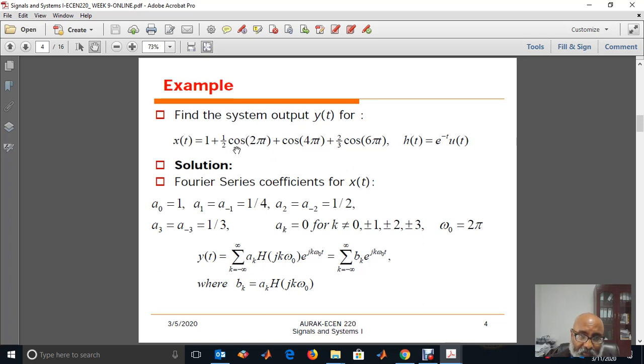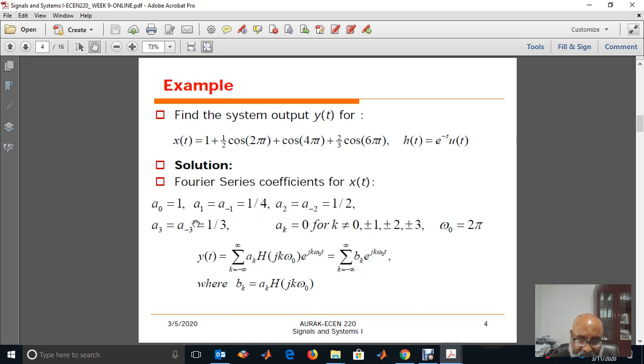Now using the Euler formula, we can write each cosine in terms of exponential functions, which is e raised to j2 pi t plus e raised to minus j2 pi t, divided by 2. Then we can find the a k's for this periodic input signal. a 0 is 1, a 1 and a minus 1 are 1 over 4, a 2 and a minus 2 are 1 over 2. a 2 is the second harmonic. We also have the third harmonic, a 3 and a minus 3, 1 over 3.